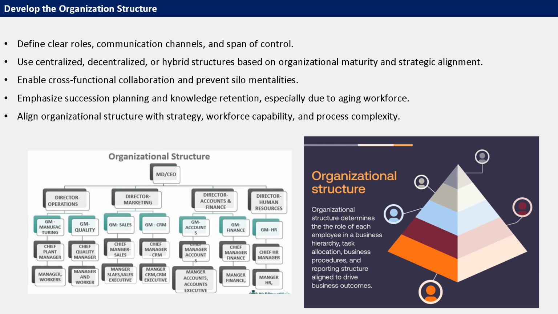Address the challenges of an aging workforce by implementing succession planning for key roles, encouraging mentoring and knowledge transfer, documenting tribal knowledge to retain critical operational insights. Strategic alignment. Structure the organization to support its strategic direction, capability levels, and process complexity. The structure should be flexible enough to adapt to changes while maintaining focus on long-term objectives.